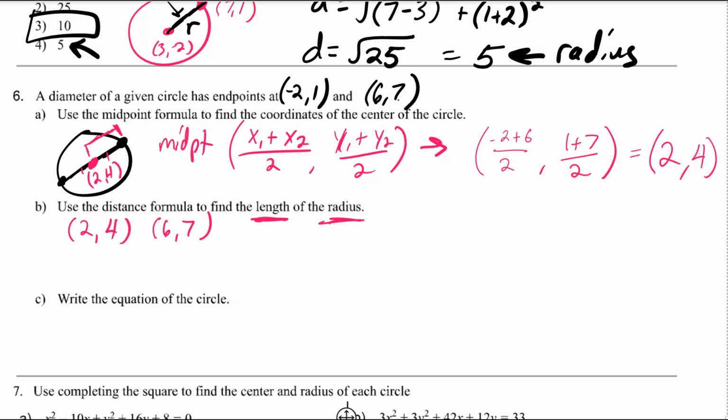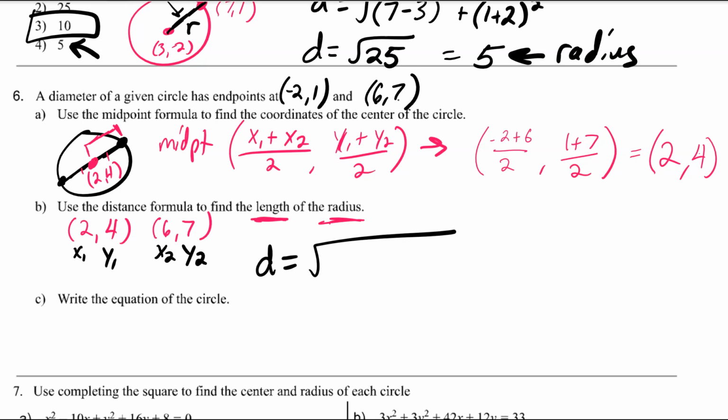Again, this is going to be a task for the distance formula, given that it says length. So if I label one of my points as x1, y1, and my other point is x2, y2, I could substitute into the distance formula again. Remember, that's x2 minus x1 squared plus y2 minus y1 squared.